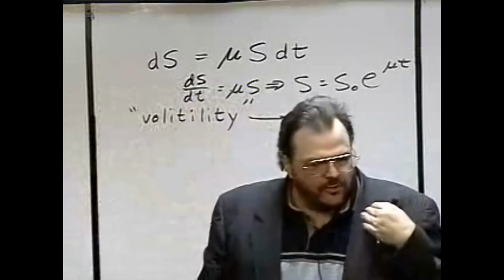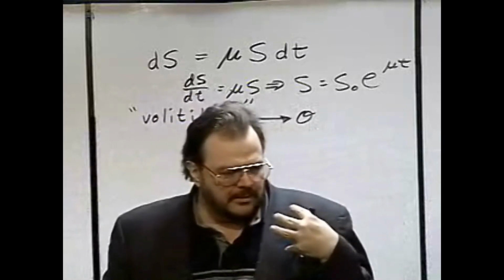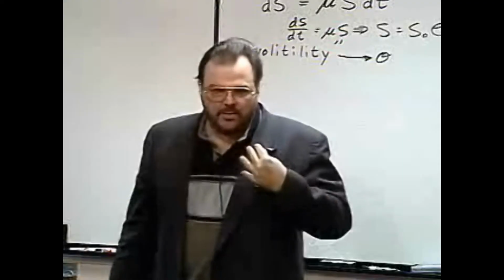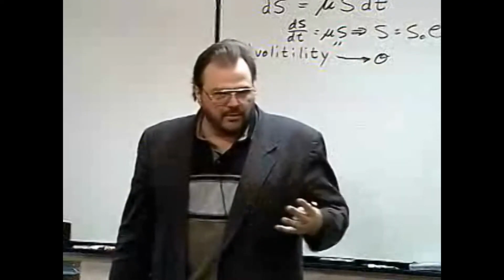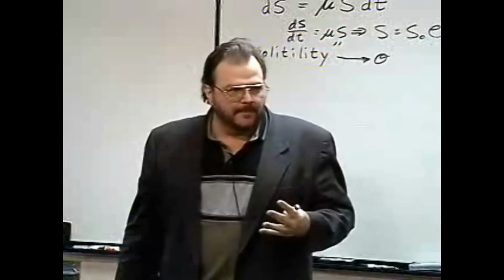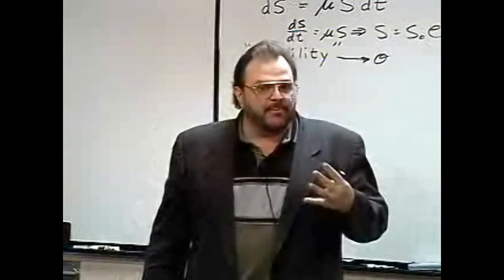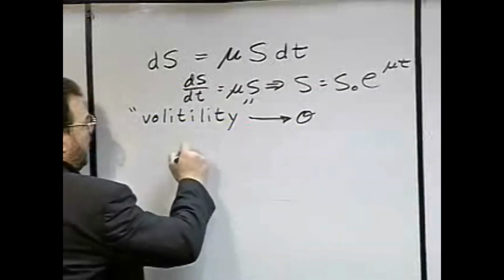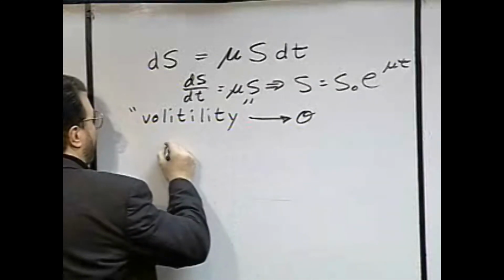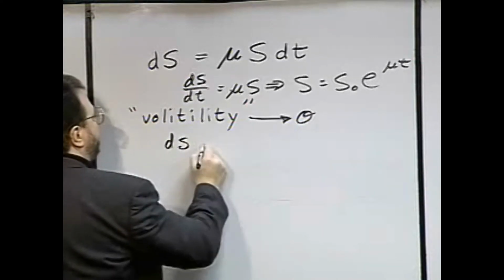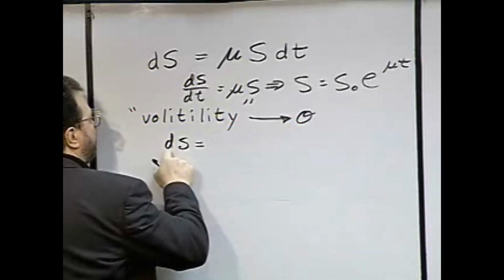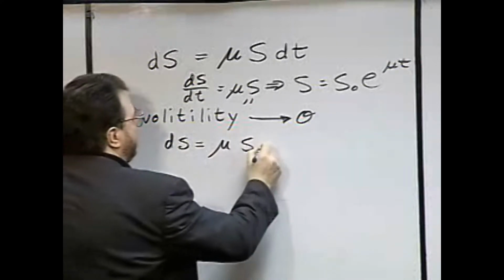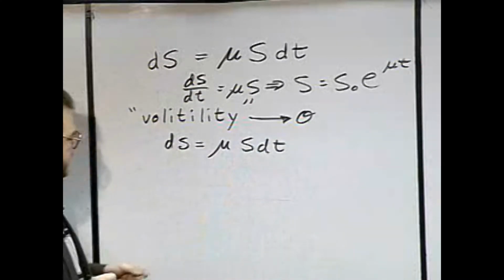Now, if you have a high volatility, the amount of money that you make or lose is proportional to the volatility, right? If you have a big volatility, the chances that you make a lot of money or lose a lot of money is proportional to that. So in that case, the amount of change you have in your portfolio does have this term, mu s dt.